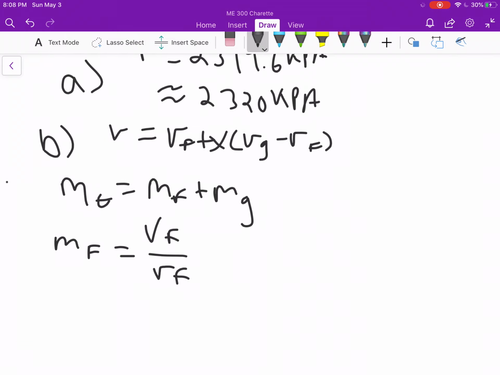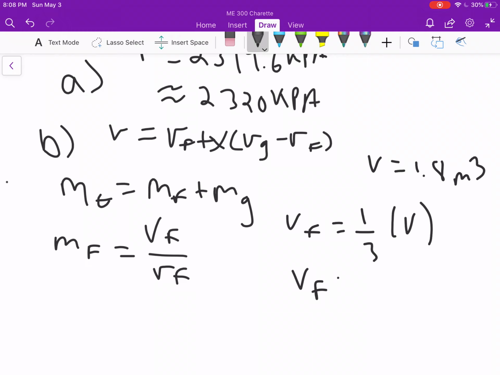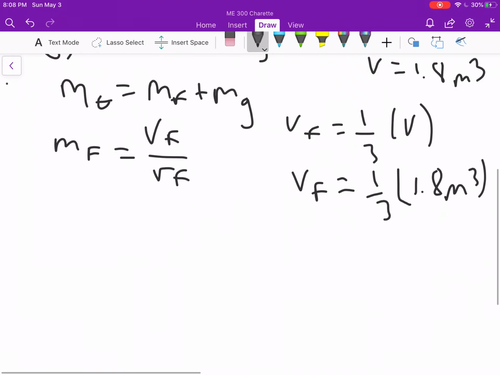So our volume for the liquid is going to equal 1/3 of our total volume V. Our total volume V is 1.8 meters cubed. So our volume for the saturated liquid is going to be 1/3 of 1.8 meters cubed, and that's going to equal 0.6 meters cubed.